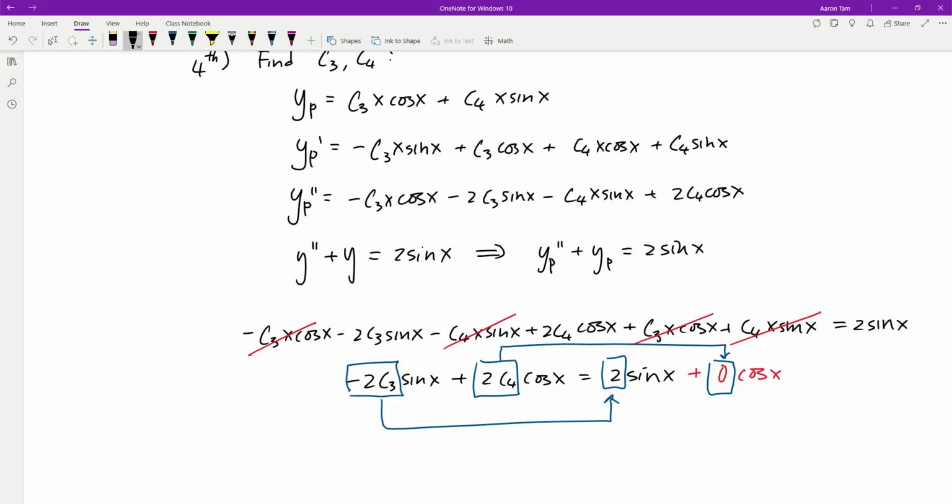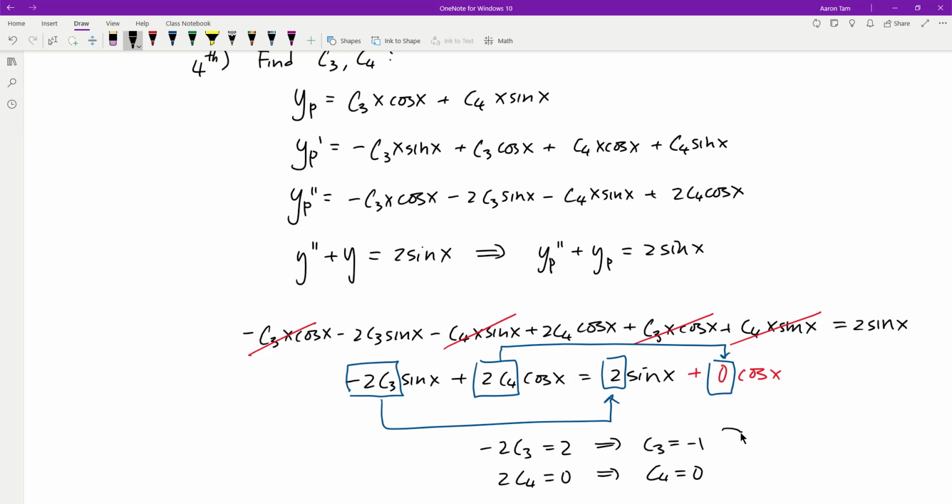So negative 2c3 must equal 2, which means c3 must equal negative 1, and 2c4 must equal 0, which means c4 equals 0.